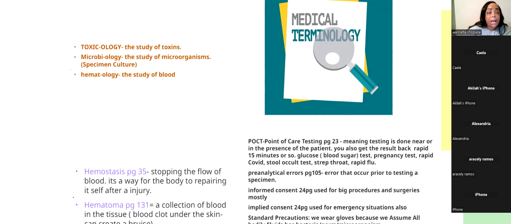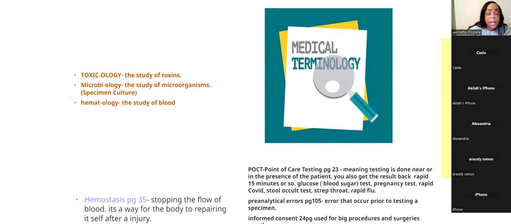If I tell you that toxicology is the study of toxins, there's no need for you to mark an answer that says the study of Xanax. That can confuse you because I just told you that they can be legal drugs. But toxicology simply is the study of toxins, too much of anything. It's not just pertaining to Xanax, okay?